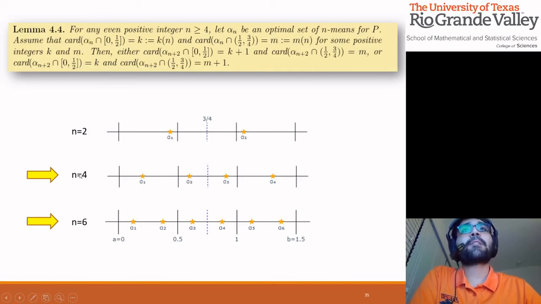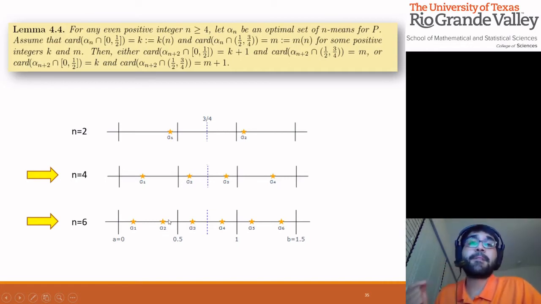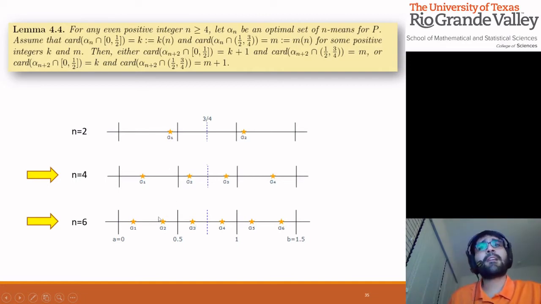If we consider the next even positive integer, n equals 6, what this lemma says is that the next quantizer could be either in this interval right here or in this interval. But it's not always the case that the next possible quantizer will appear in the first interval or the second one.